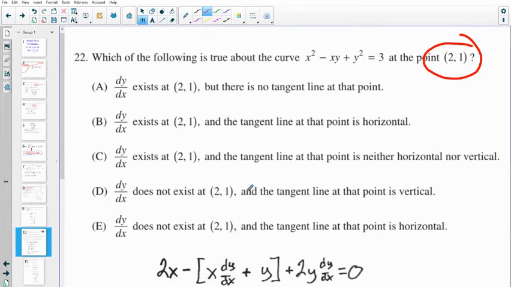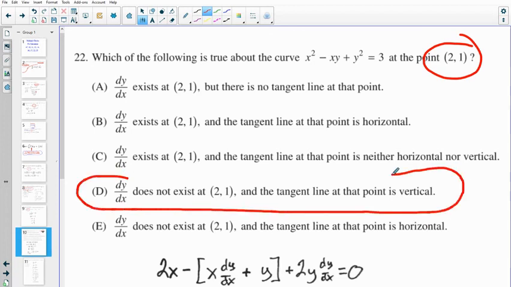Does not exist, and the tangent line is vertical or horizontal. If it's a horizontal tangent line, that means the derivative is equal to 0. And this derivative is not equal to 0. This derivative does not exist. And so we've got another answer of D as in dominion.